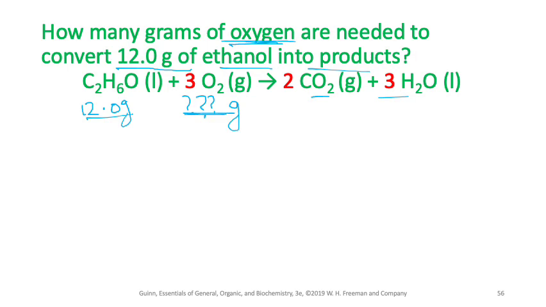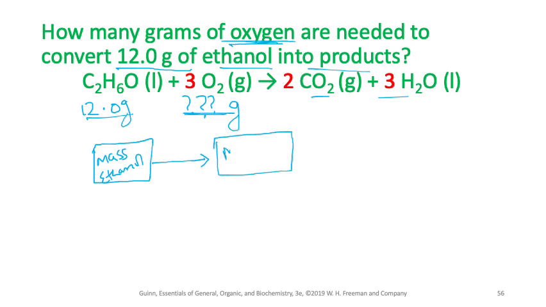So let's start with the first one. First box, what is given? The given thing is the mass of ethanol. If I have the mass of ethanol, what can I get? I can get moles of ethanol.